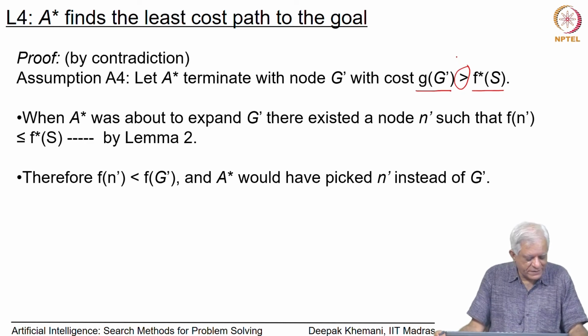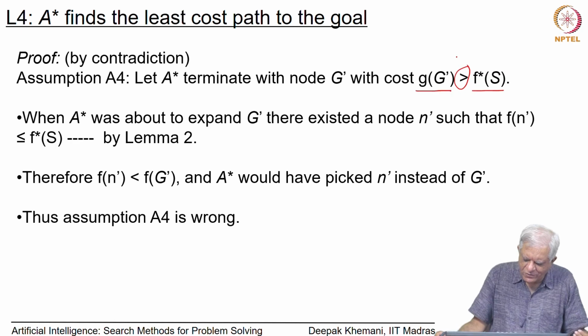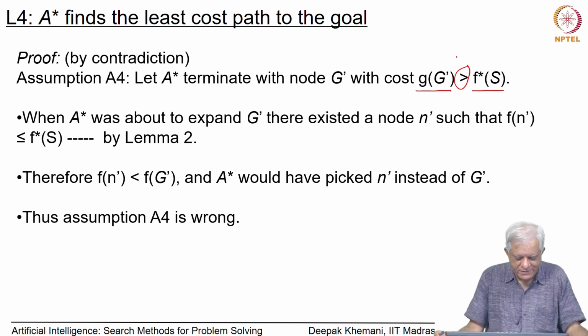So, the proof is that assumption A4 is wrong. A star could not have picked a path to the goal which is more than optimal, because as we have shown in lemma 2, there would have existed a node on the optimal path whose cost is less than the optimal cost, and A star would have picked f of n prime instead of G prime, simply because it always picks the node with the lowest f values, and we are talking of f values here, we are not talking of f star values here.